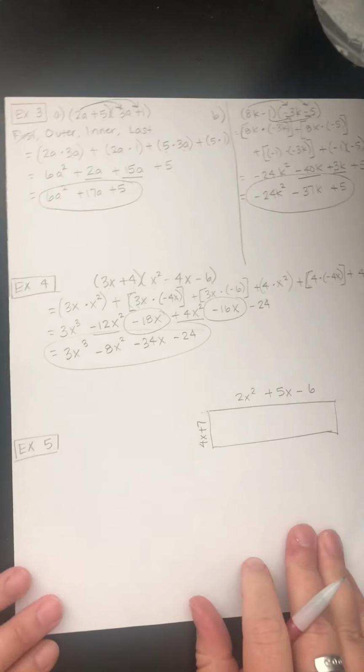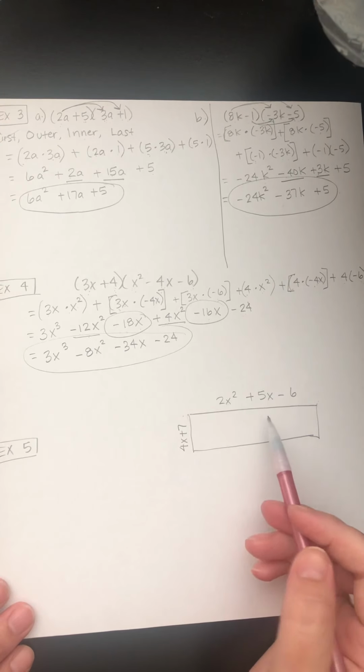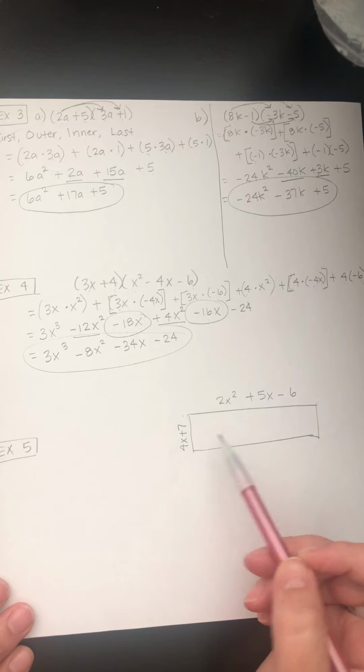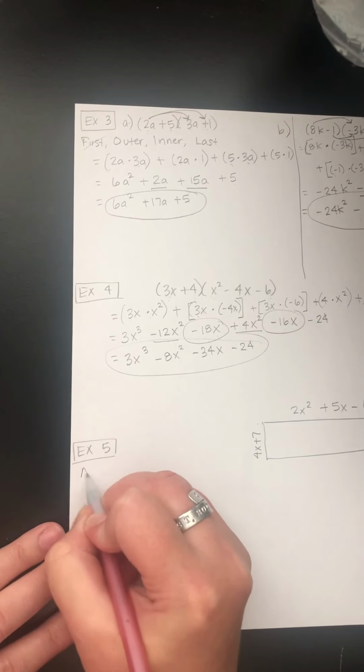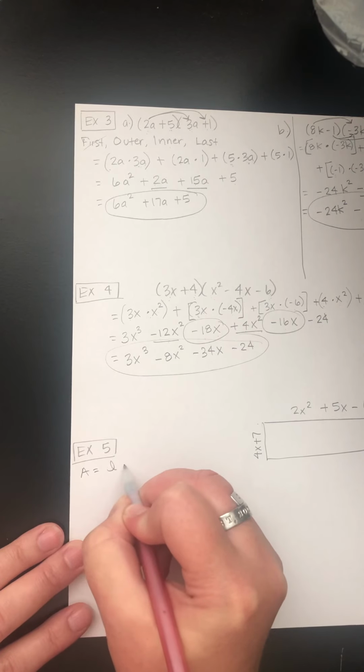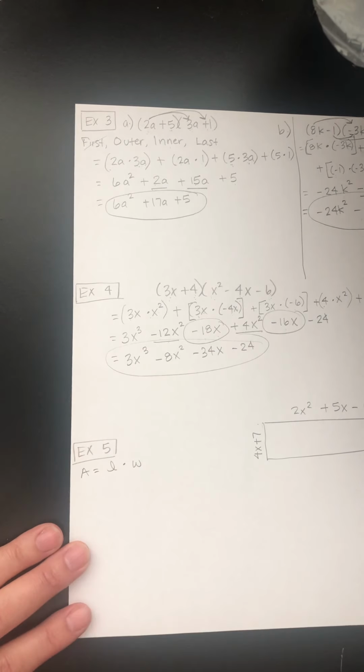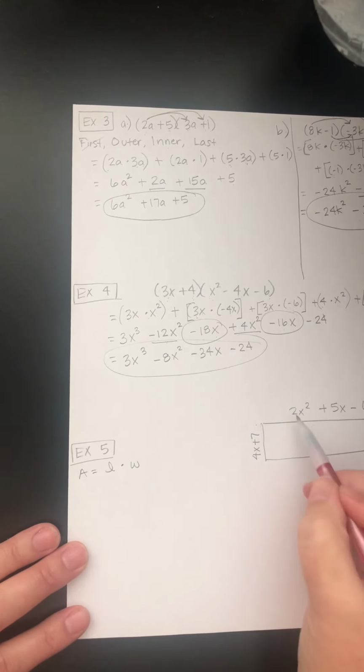And it's in inches. So all we have to do, the area of a rectangle is length times width. Our length is right here, and our width is right here. I'm sorry, I did it the wrong way, but that's okay.